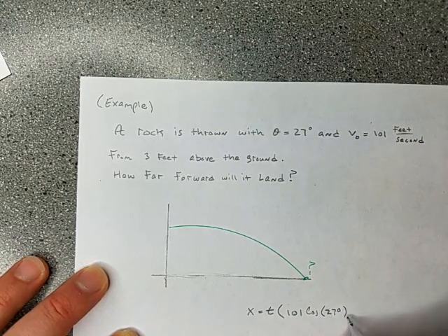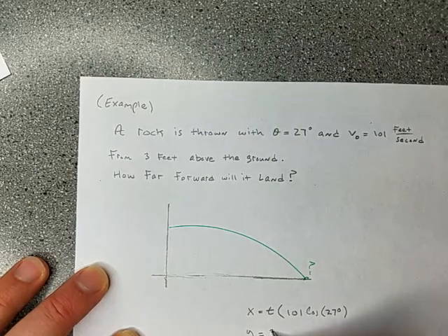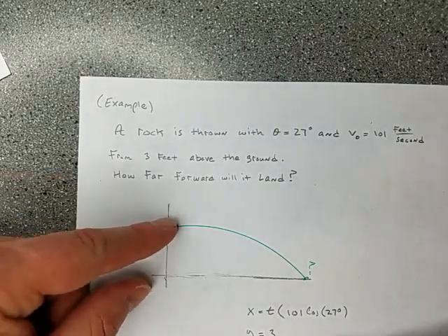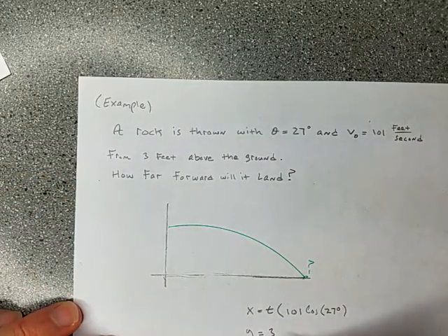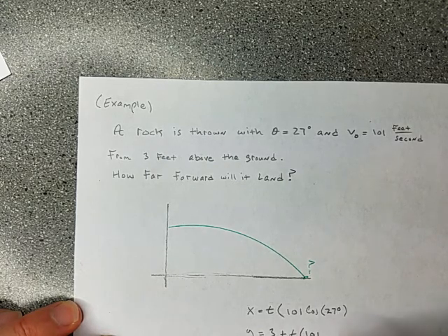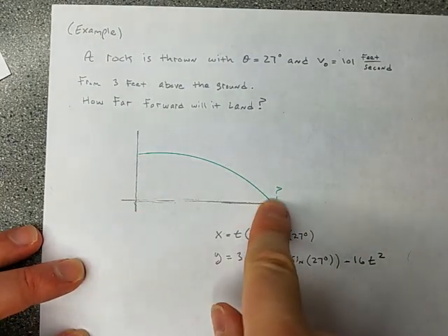And then y is equal to h, which is 3, since it's thrown forward from an initial height of 3 feet above the ground, plus t times v0 sine theta, minus 16t squared. So those are the equations that we're dealing with.